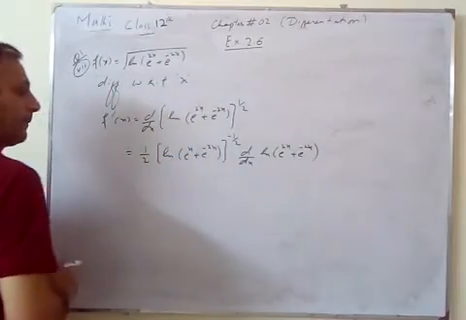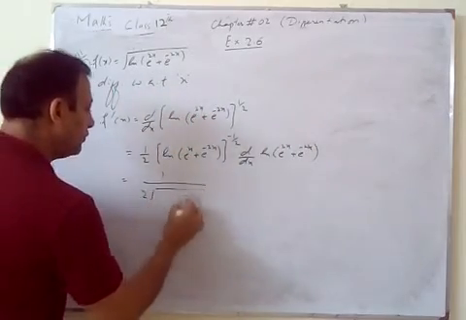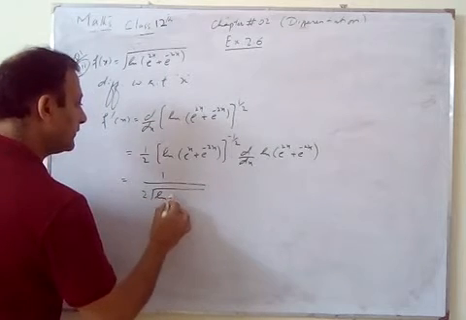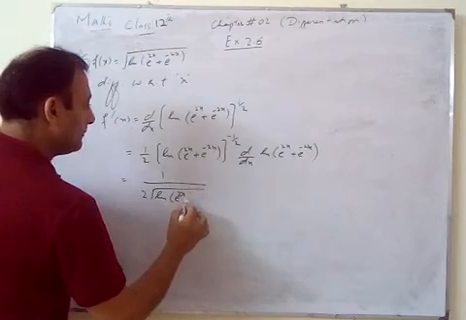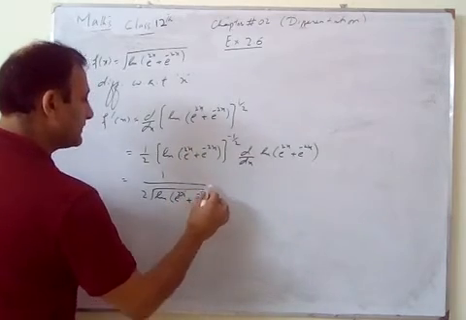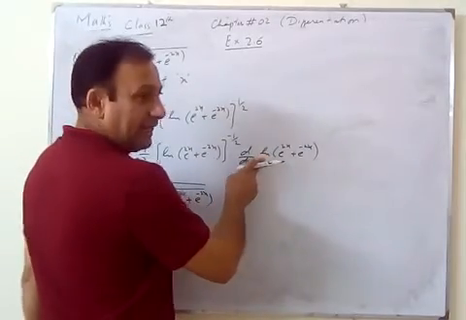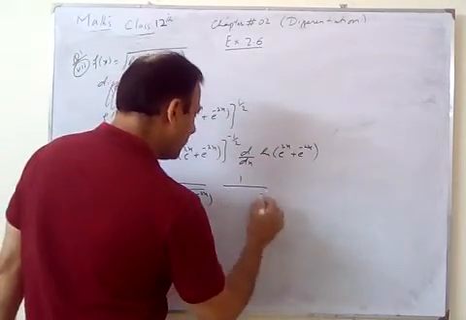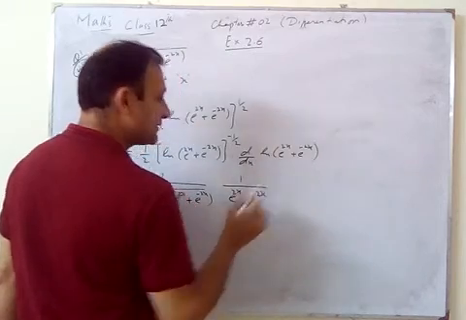Or it can also be written as 1 over 2 into log(e^2x + e^-2x) times the derivative of log, which is 1 over (e^2x + e^-2x).